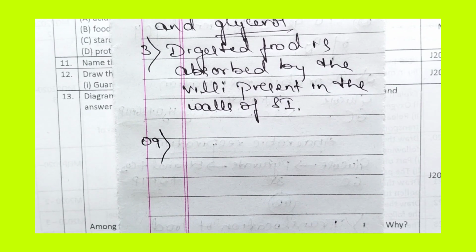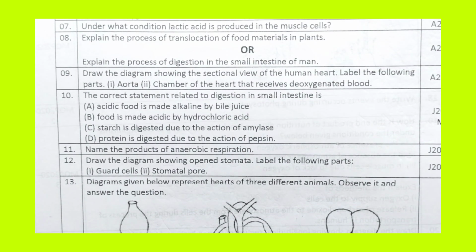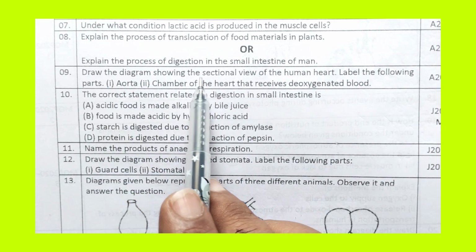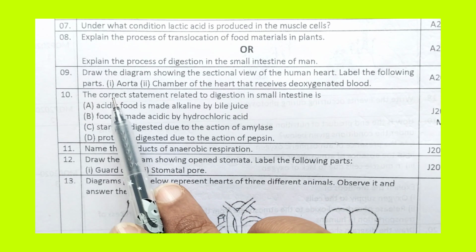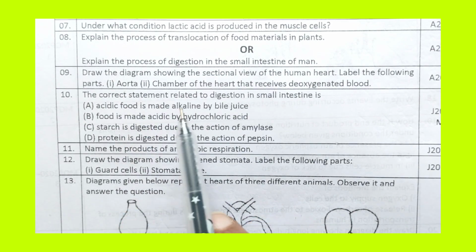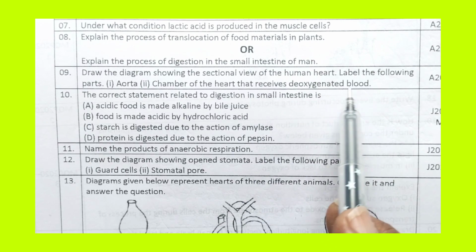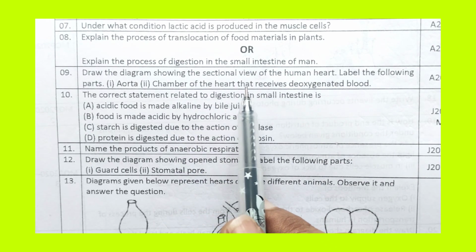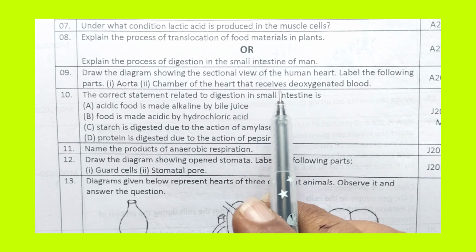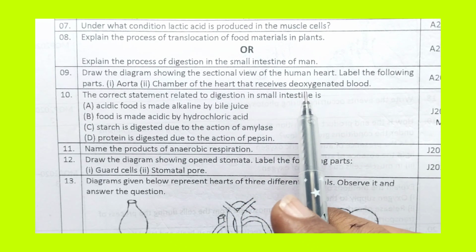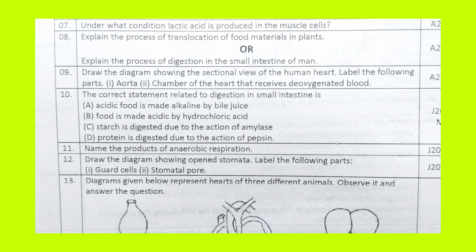Now let us move to the ninth one. The ninth question is, draw the diagram showing the sectional view of human heart and label the following. First you have to draw it. The second is the chamber of the heart that receives deoxygenated blood. When asked which chamber of the heart receives deoxygenated blood, you have to write the right auricle. So the right auricle is the chamber which receives deoxygenated blood.